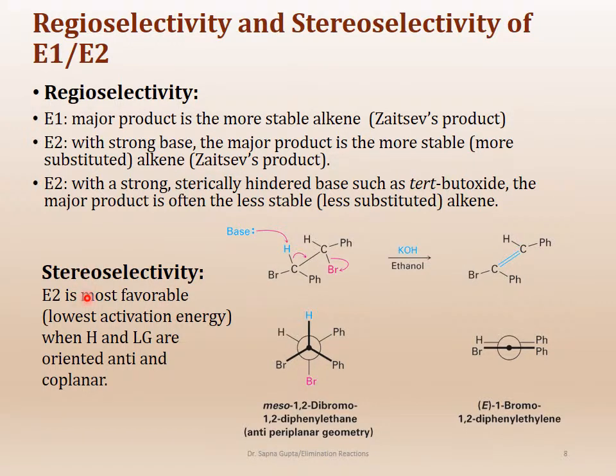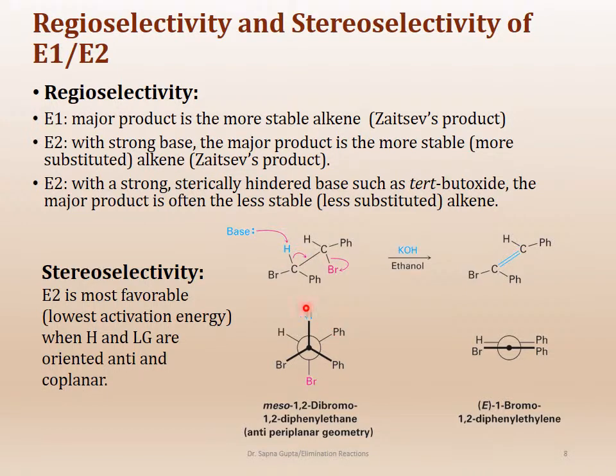The other part of selectivity in E1 and E2 is stereoselectivity. Stereoselectivity is important because this is according to the orientation that you have for the leaving group. Remember, in elimination you are removing the beta proton. So the beta hydrogen and the leaving group have to be in a very certain orientation in order for them to actually leave.